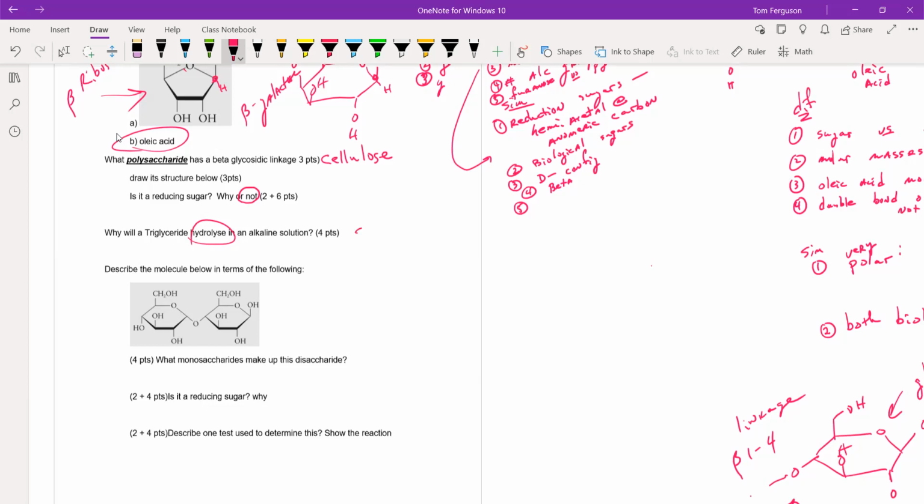That's called saponification. What happens is the esters are reverted back to the acid salt and the alcohol from which they were formed.